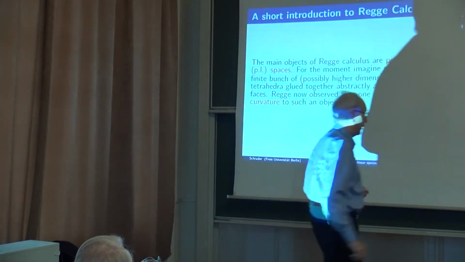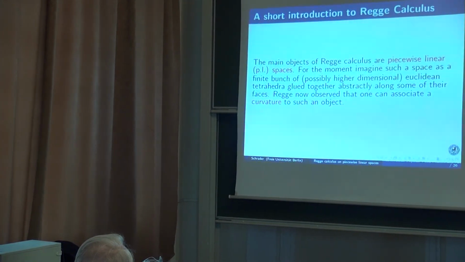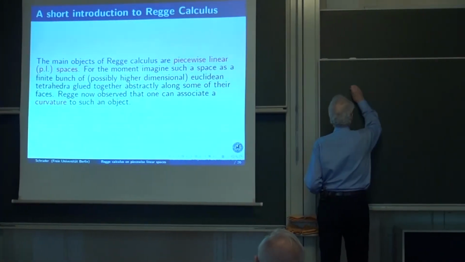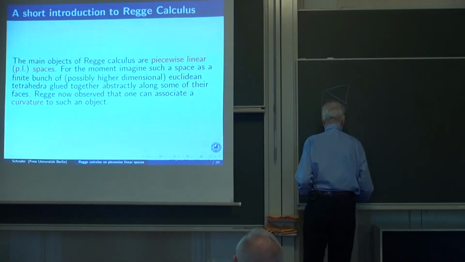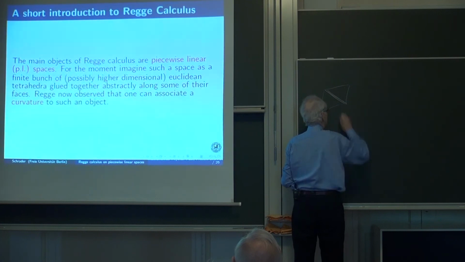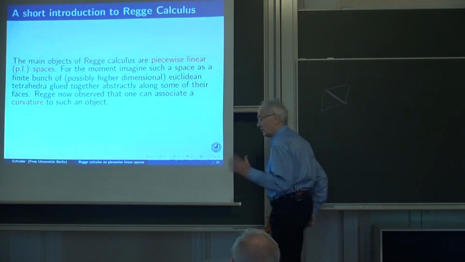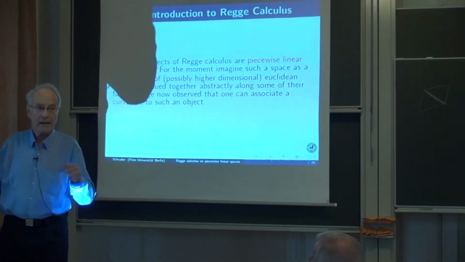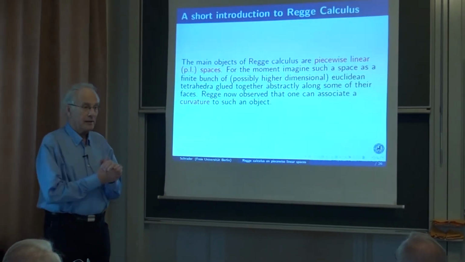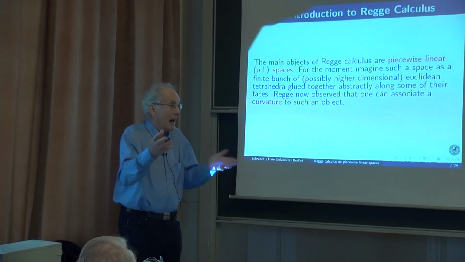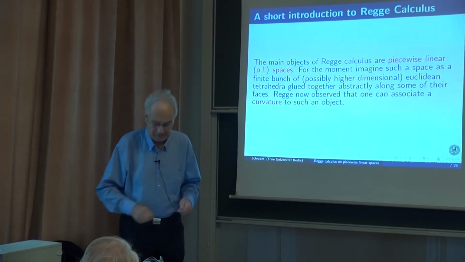By gluing together, I mean, for example, you have two Euclidean triangles, and you can glue them together along this common edge. The edge length has to be the same. And you have to think of this abstractly, and you don't have to think that you can embed this in some high-dimensional Euclidean space.